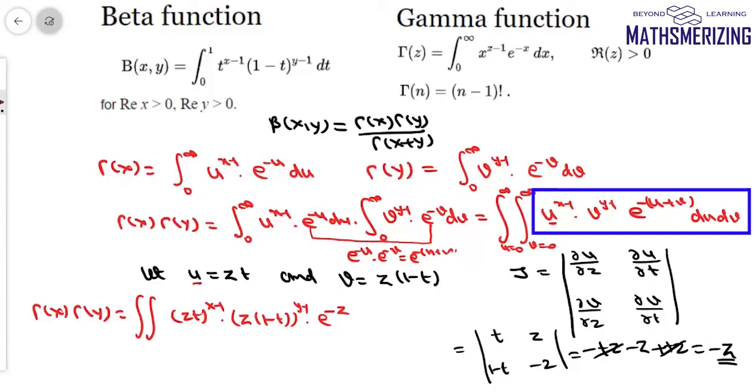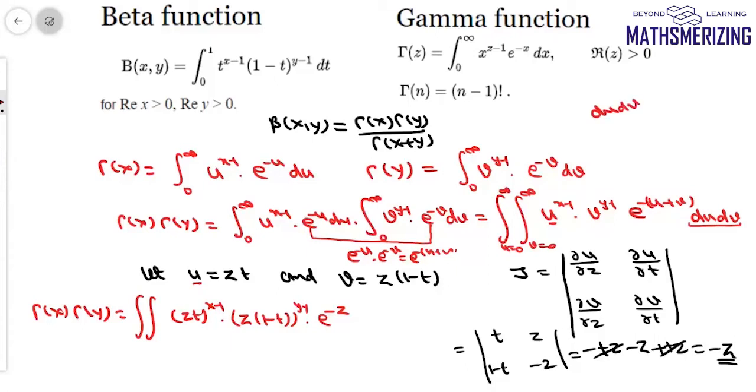Now in place of du into dv, we know that du into dv will be the absolute value of J, which is the Jacobian determinant, into dz dt. Now the value of the Jacobian here is z in absolute value, so here I'll write z, and then dz into dt.